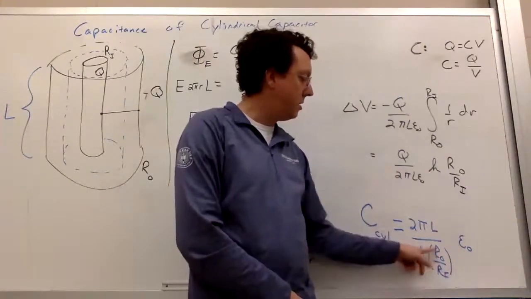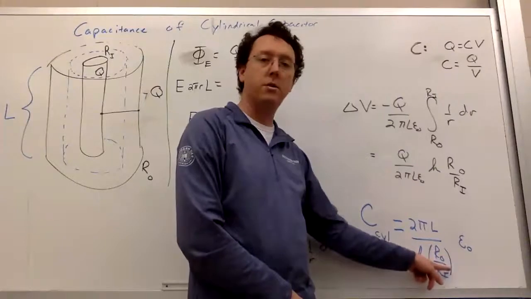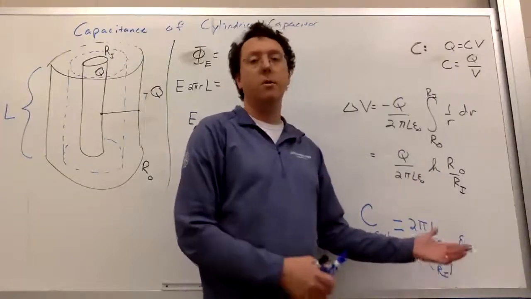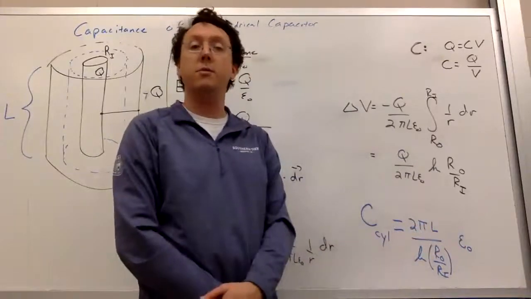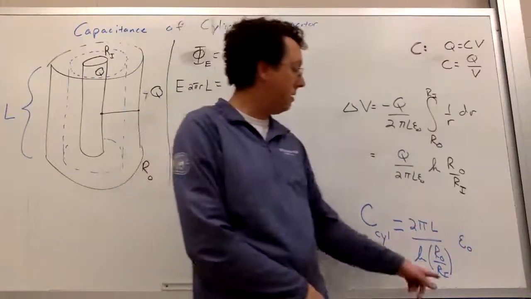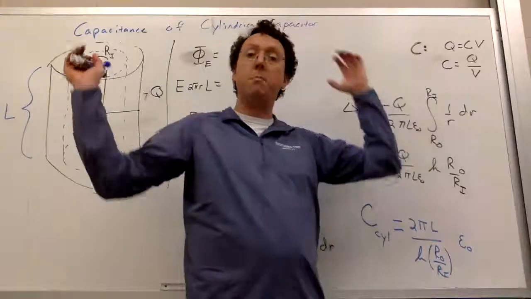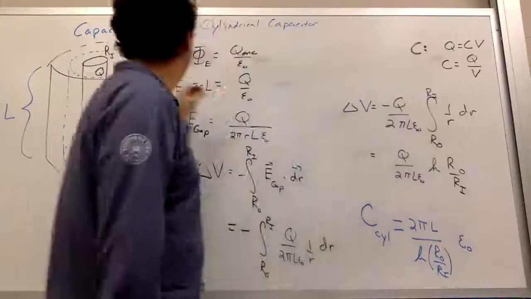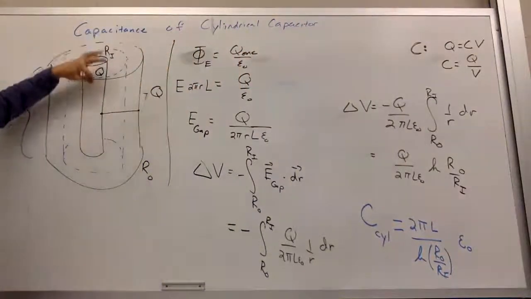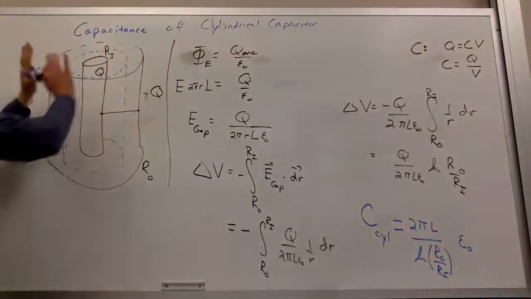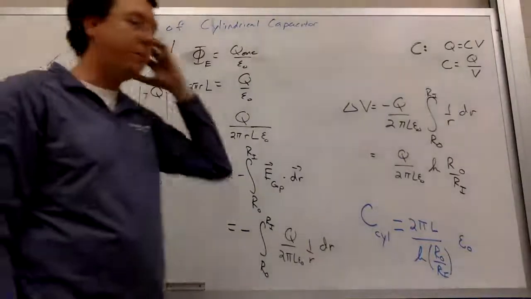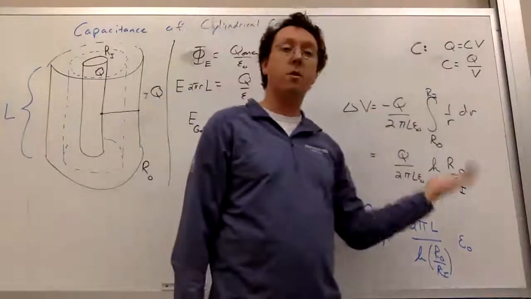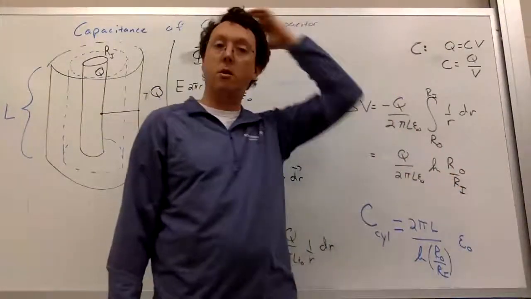This ratio gets large, and the logarithm of a large number, well, logarithms grow monotonically as well. So if you really took this inner radius to go to 0, it would blow up logarithmically. Of course, when you make a real device, what you could have is a very skinny wire with a large walled capacitor, and that would give you a large capacitance, which would mean that you could store a lot of charge per volt on this device.